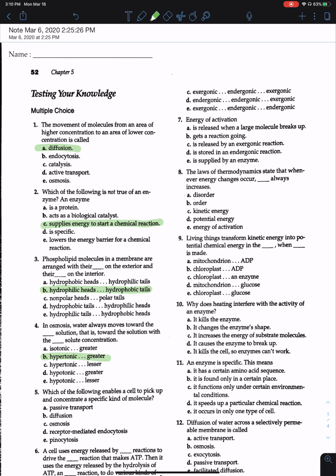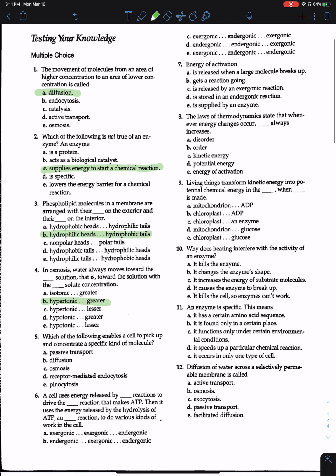So in this case, a hypertonic solution is the kind of solution that has a high amount of salt in it, and water will always move toward the highest amount of salts. That is the solution with the greater solute concentration. Solute is anything dissolved in the water. The water itself would be called the solvent, and the thing dissolved in it would be a solute.